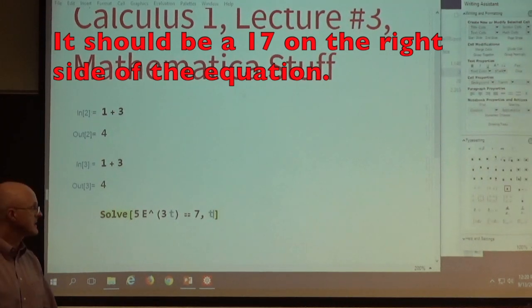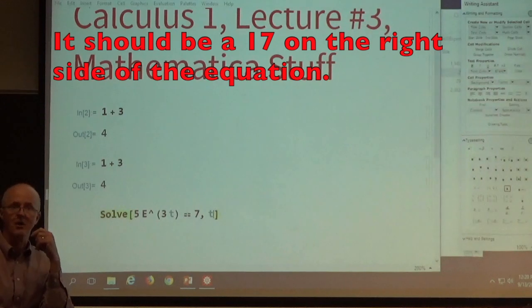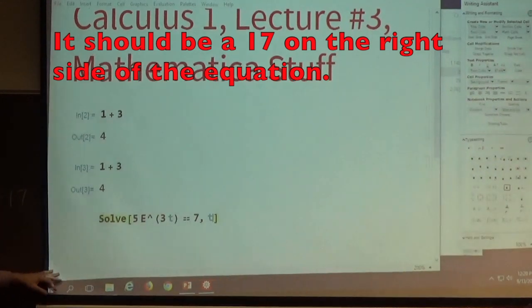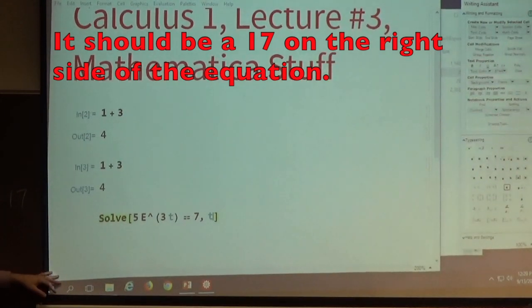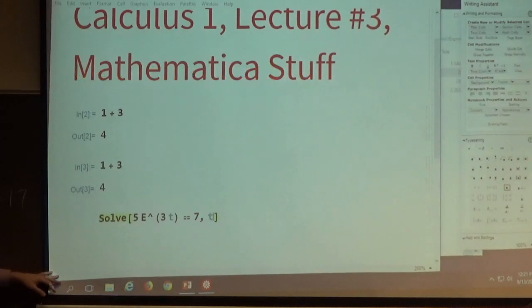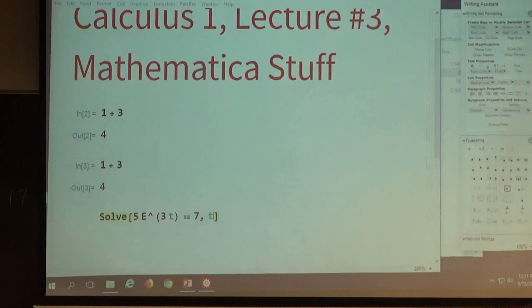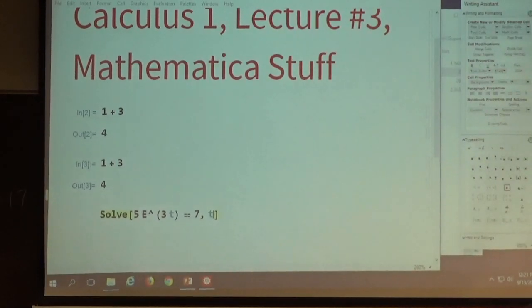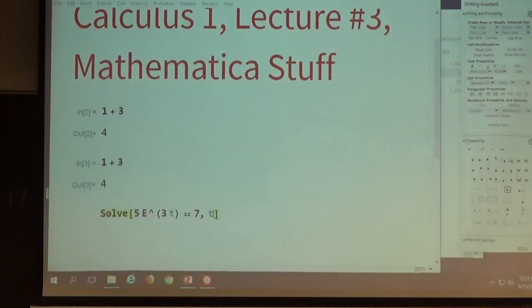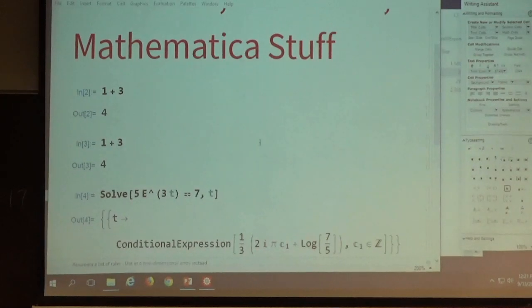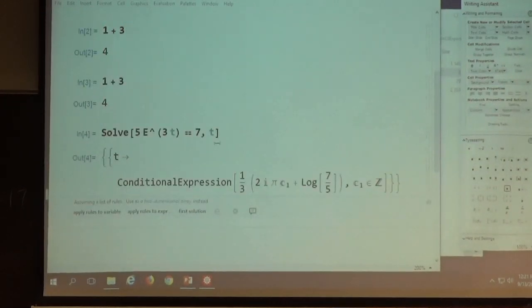Now when you solve this equation, try to imagine solving it on your own. Divide both sides by 5, then take the natural log of both sides. The answer is going to involve the natural log, ln. In Mathematica, the answer will also involve the natural log. However, Mathematica calls it Log, which gets confusing. Did you mean 17? Yes, thank you.